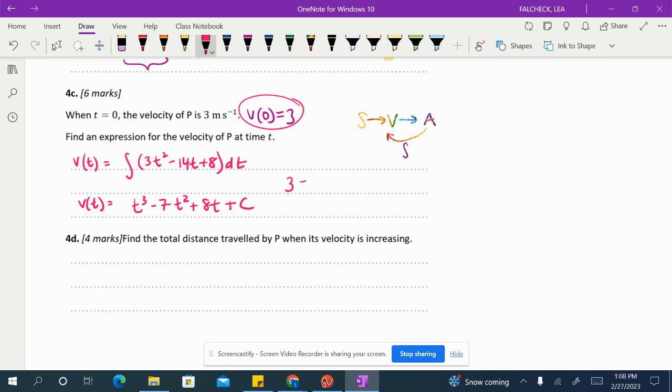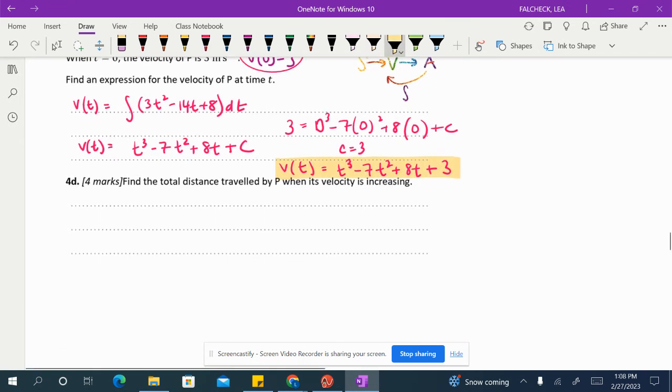So if I set this whole thing equal to 3, and then this is 0, I will get that c is equal to 3. So the expression for velocity in summation would be t cubed minus 2t squared plus 8t plus 3. That will be my expression.